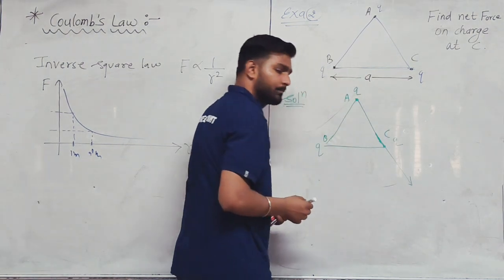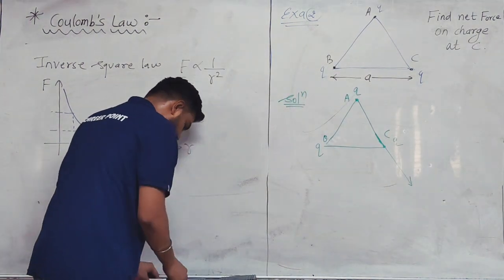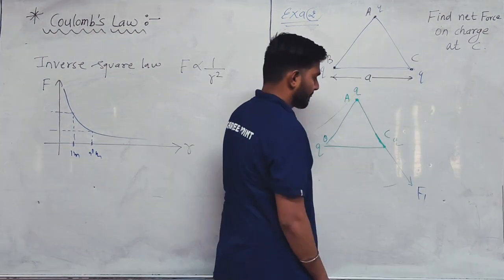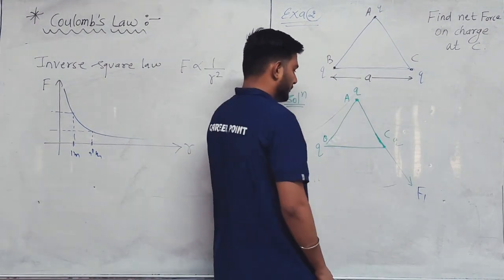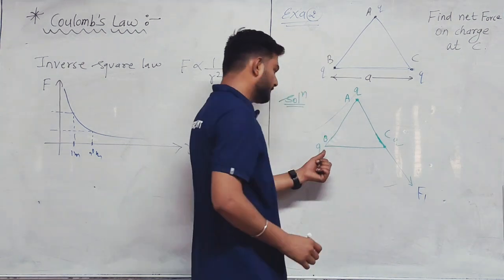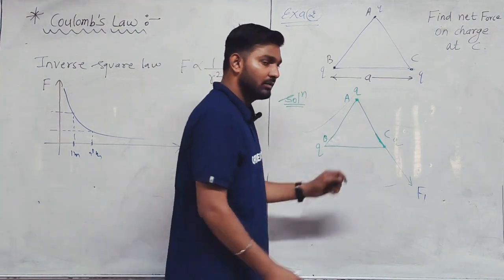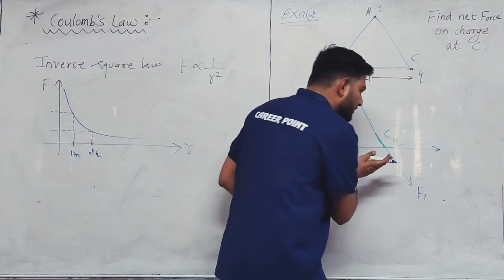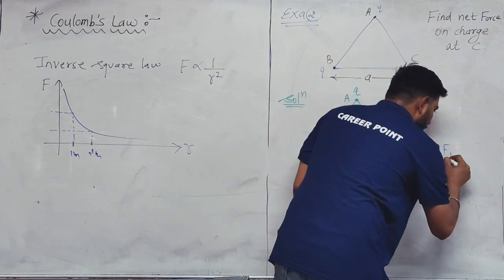Let's suppose this is F1, in this direction. The force due to the charge Q at B on C will be along the line joining, and it will repel, so in this direction. Let's suppose this is F2.